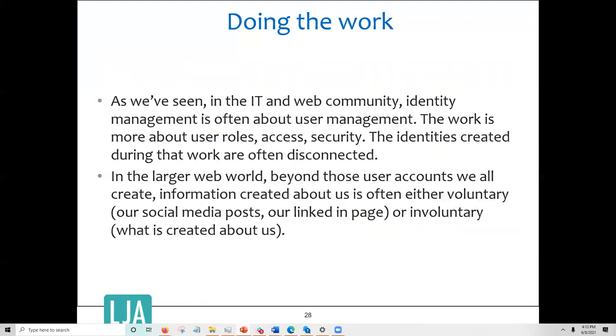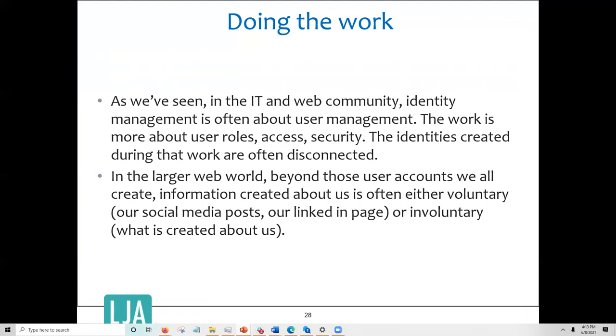Now, do you have to put identity information into a record? You do not. It is not a required field in terms of MARC fields, but like I said, as a standard, it is required. And as we've already talked about in the IT and web community, identity management is often about user management, user roles, and the identities created during that work are often disconnected.